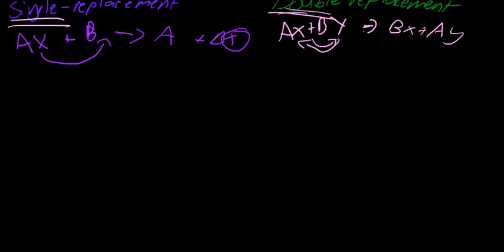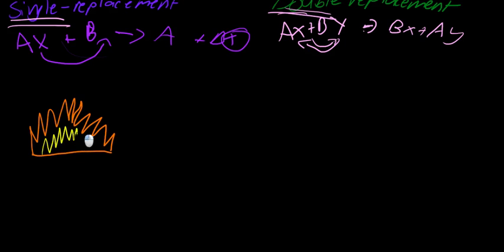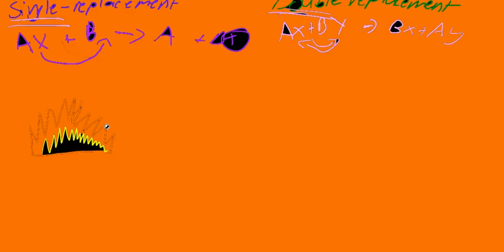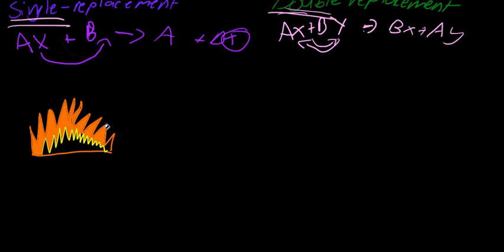There are actually 3 more types of reactions. The next one is something that everybody likes. If you can guess it by the picture, after I finish drawing, see whether you could guess this. Let's see.